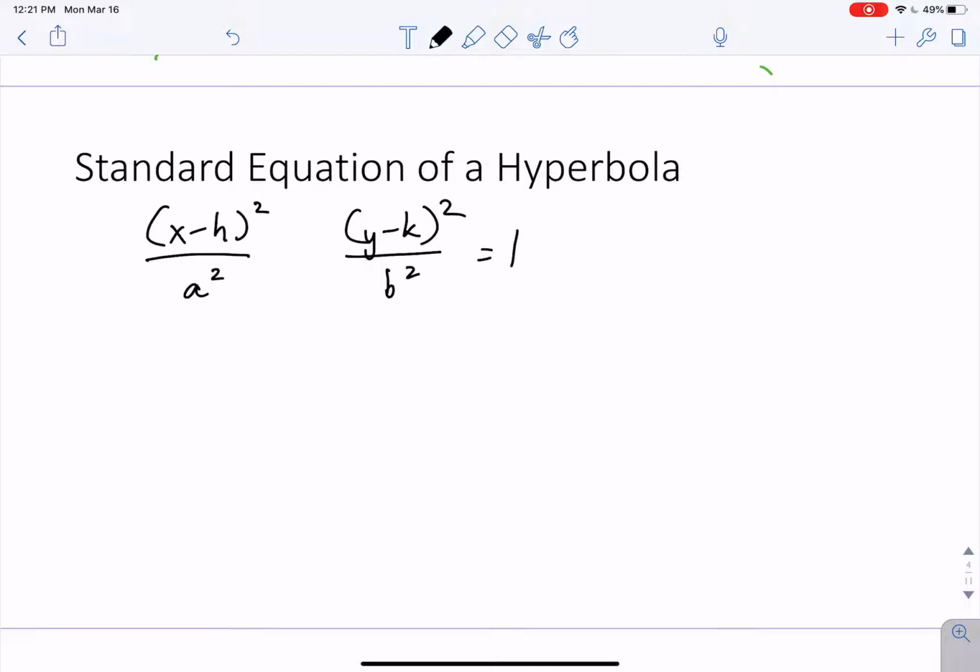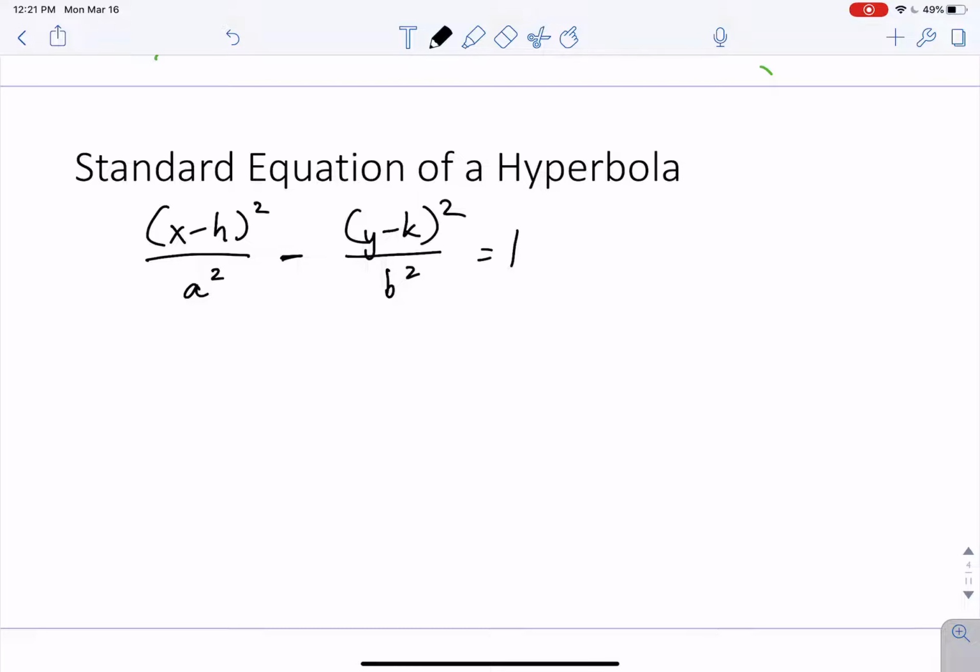The only difference in the definition between an ellipse and a hyperbola is the ellipse says the sum of the distances to the two fixed points is constant. The hyperbola says the difference of the distances to the two fixed points is constant. Since it says difference, we're going to put a minus sign there. That's the equation of the hyperbola.